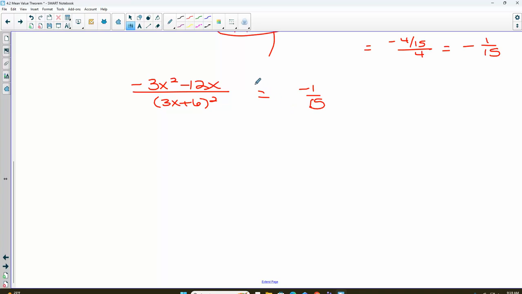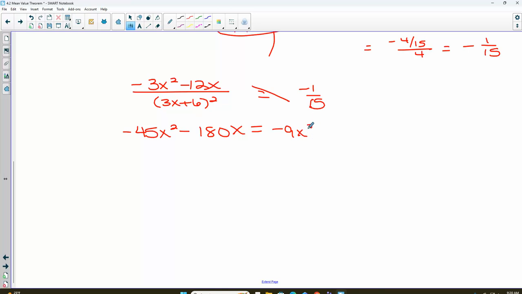Let's just cross multiply. So I get negative 45x squared minus 80x equals, can I FOIL this and distribute negative 1 at the same time?